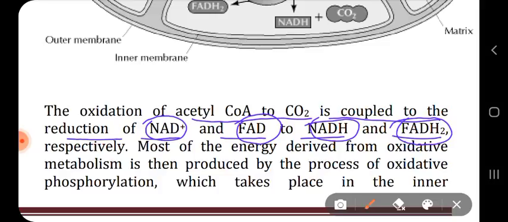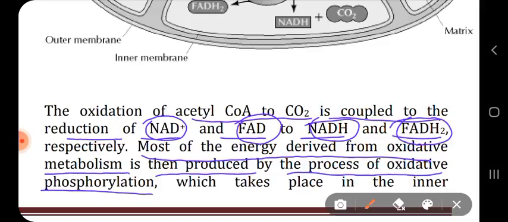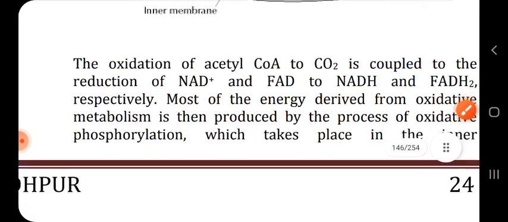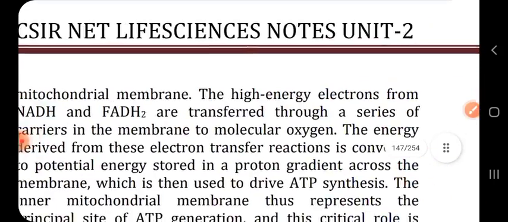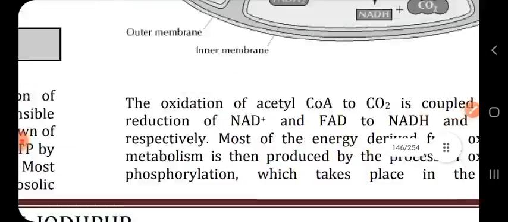Most of the energy derived from oxidative metabolism is then produced by the process of oxidative phosphorylation, which takes place within the inner mitochondrial membrane.